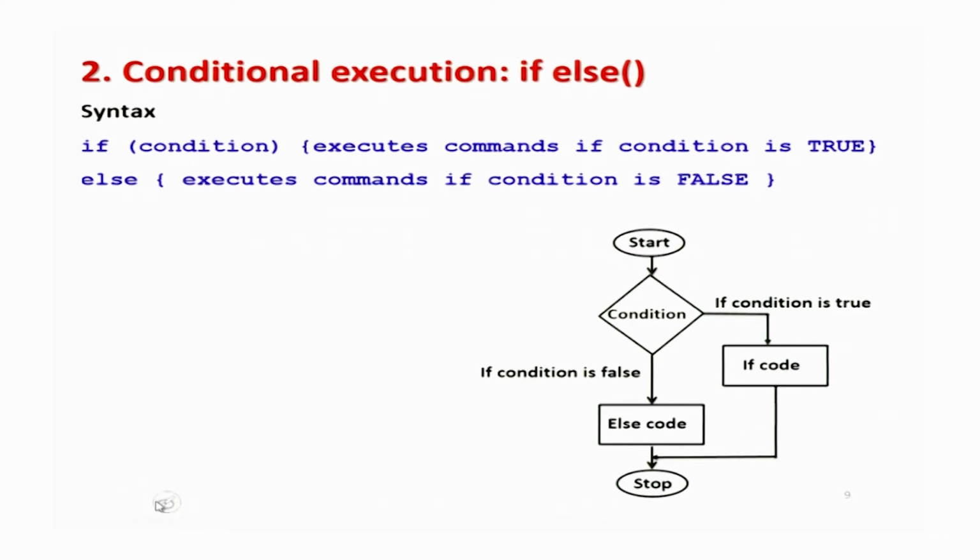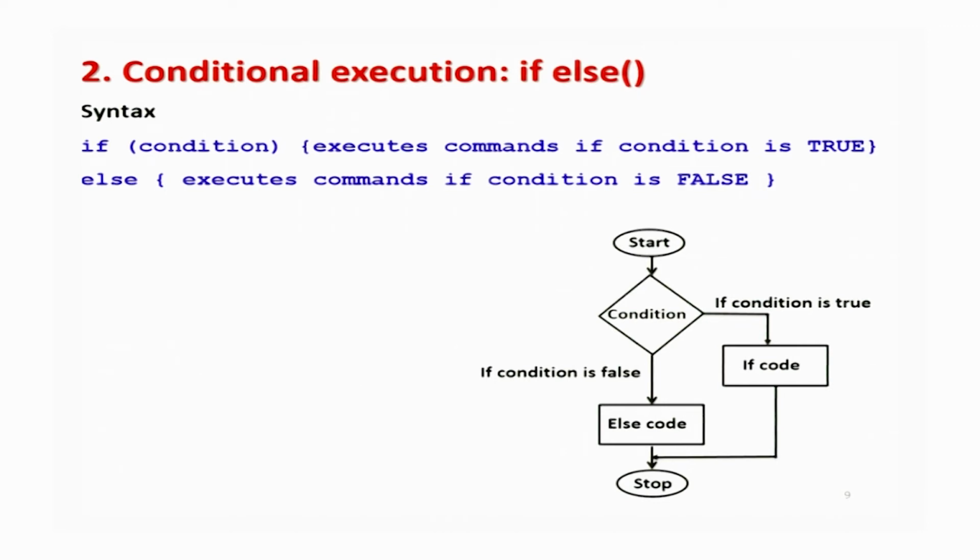But now you have seen that in this case you have a constraint: only if the condition is true, then whatever you want is executed. But if the condition is false, then nothing is happening. But now, if your requirement is that if the condition is true, then something should be printed or executed, and if the condition is false, then something else should be computed.